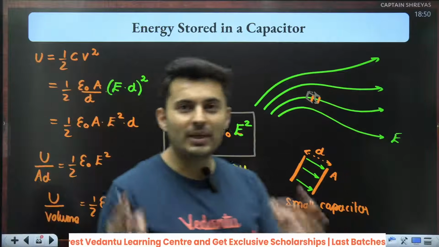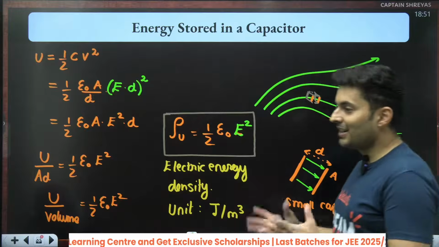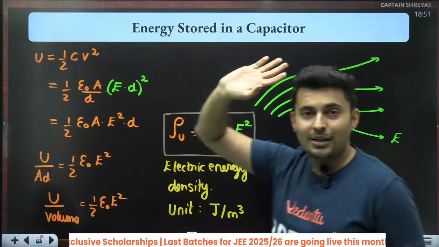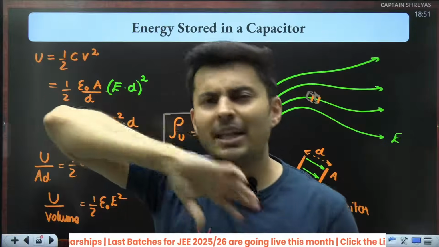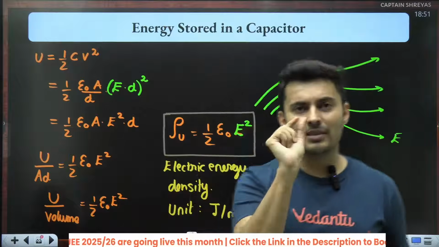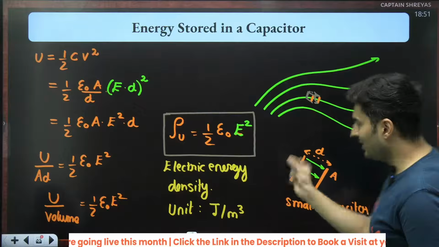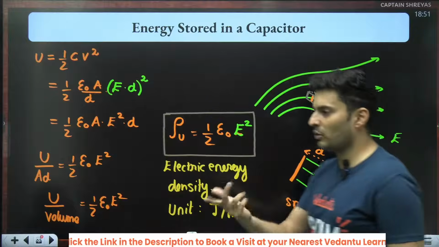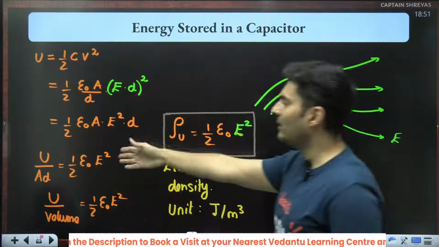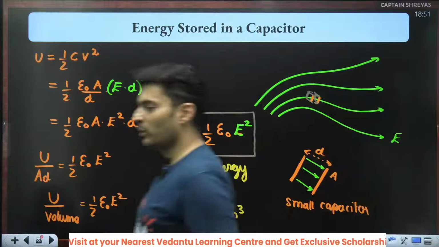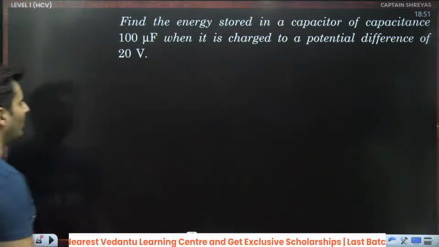So this is how you derive the energy density formula. You have derived it not just for a uniform field, but any non-uniform field can be thought of as small chunks of parallel plate capacitors. In each such capacitor, the field is approximately uniform, and then using the energy formula, you can derive the energy density. What a beautiful derivation, guys, and what a beautiful formula.